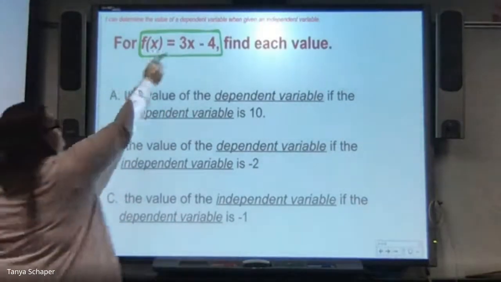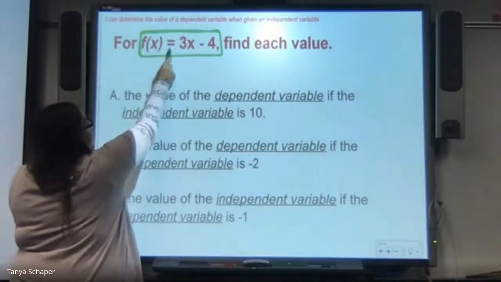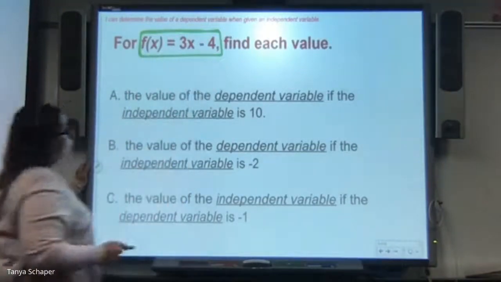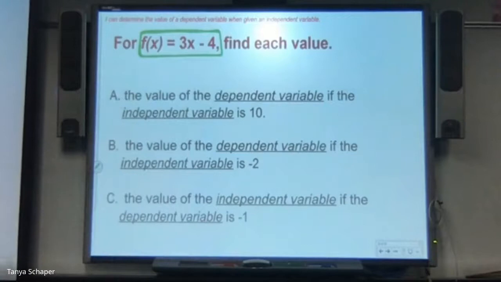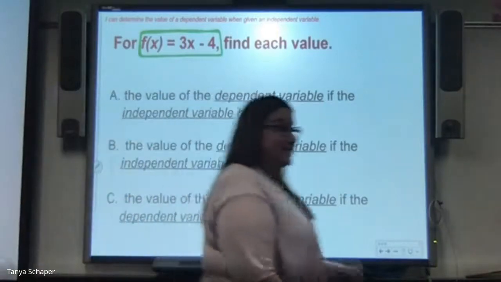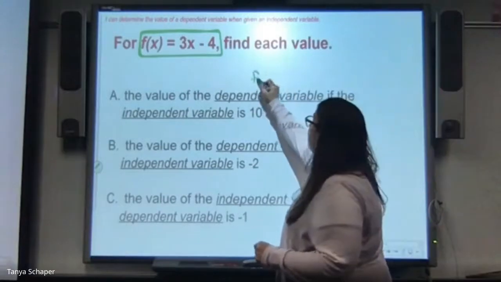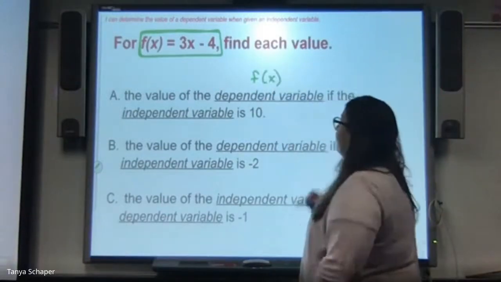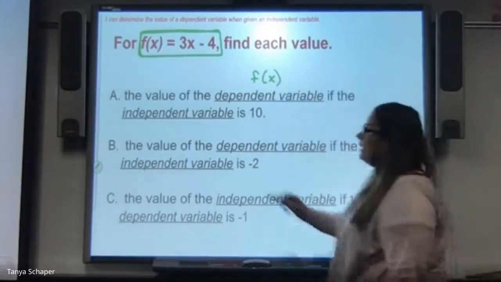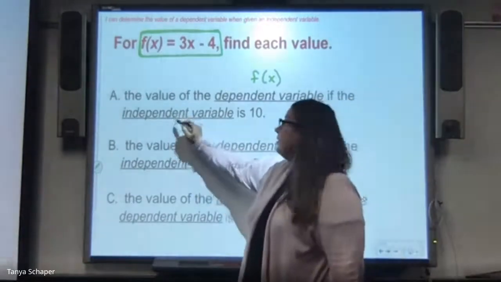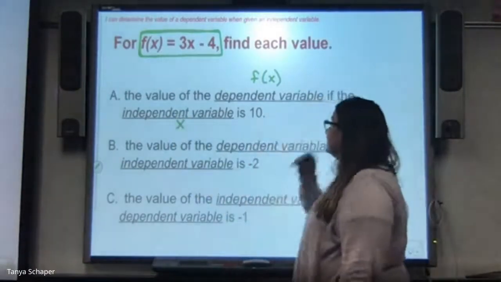We're going to use this function. F of x is equal to 3x minus 4. We want to find the value of the dependent variable. And in this case, the dependent variable is f of x, when the independent variable, that's x, is 10.